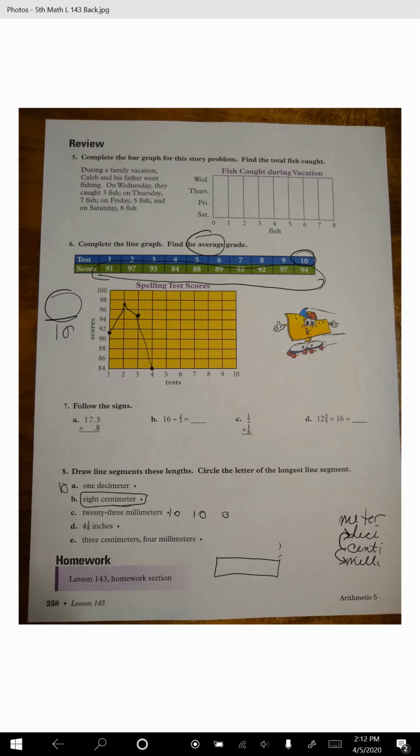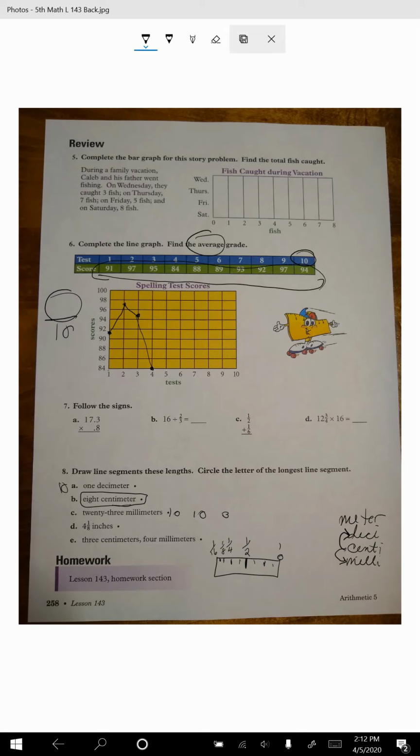Like this would be a 1. You're going to have longer lines for the half. You're going to have slightly shorter lines to mark the fourths, and even shorter lines to mark the eighths, and then real little lines to mark the 16ths.